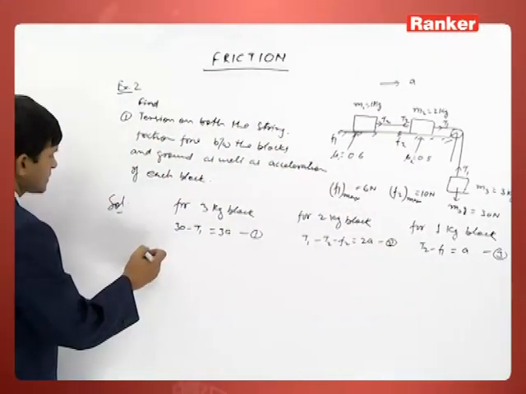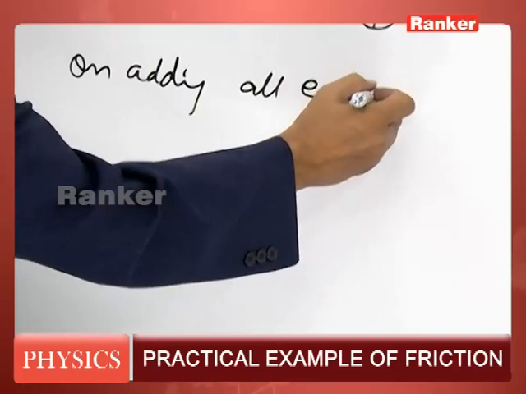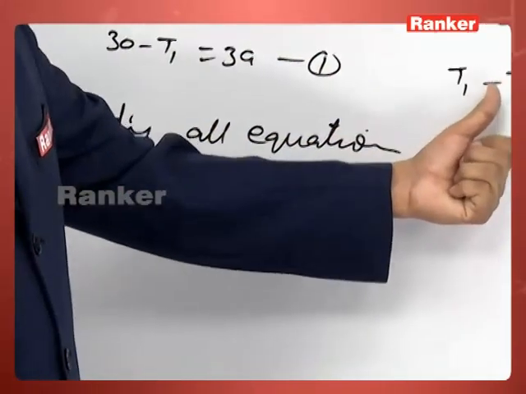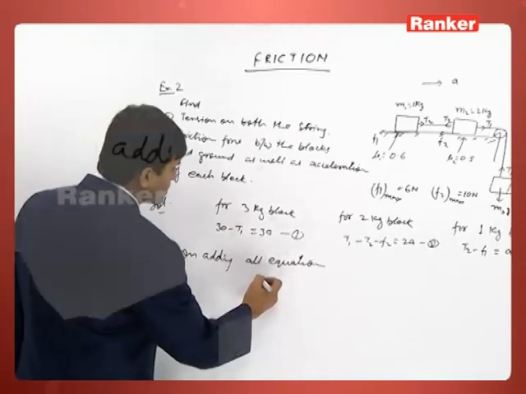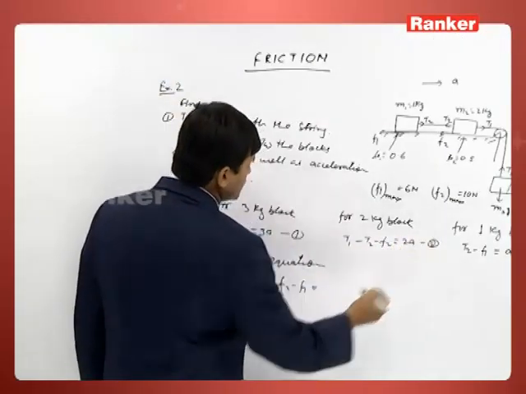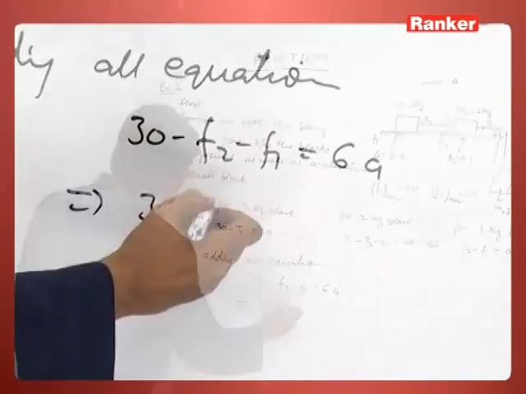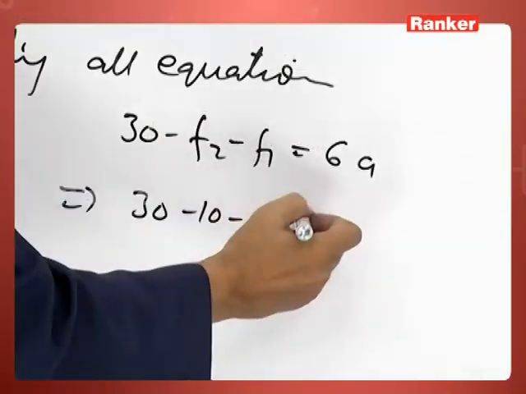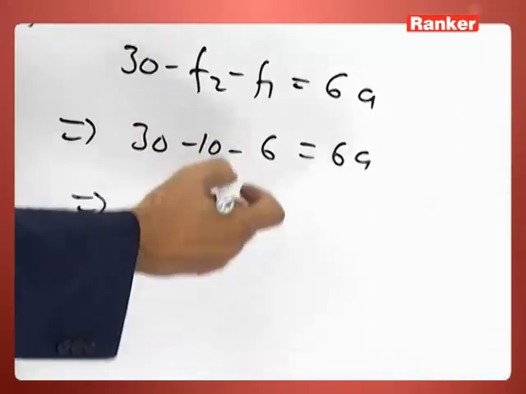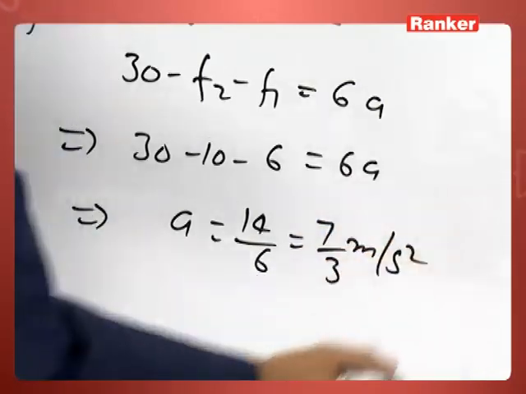Now on adding all the equations, 30 minus T1 plus T1 minus T2 plus T2, we will get 30 minus F2 minus F1 is equal to 3 plus 2 plus 1, which is 6A. F2 we have already found as the maximum, 10, and F1 is 6. So 6A equals 30 minus 16, which is 14, so A is 14 by 6, which is 7 by 3 meter per second square.